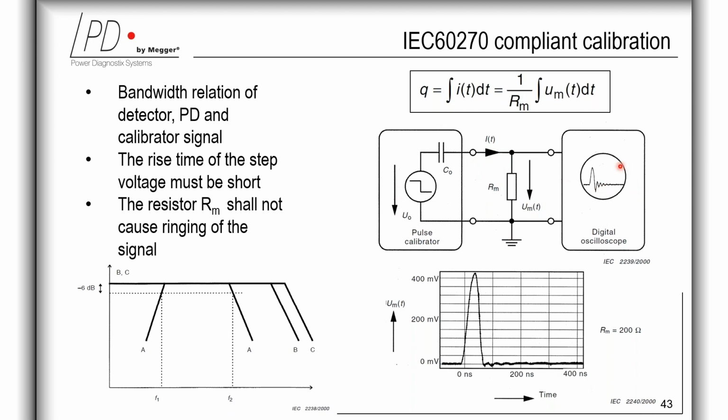And this figure is showing the circuit to calibrate a charge calibrator. Here the resistor RM should be chosen not to produce a ringing of the signal. Also, during the calibration process, the leads must be kept as short as possible. And here you see the voltage drop across this resistor here. In this case, it's 200 ohms.